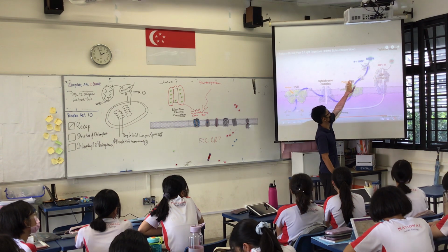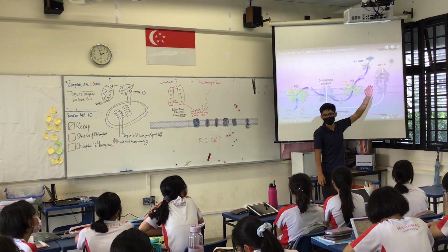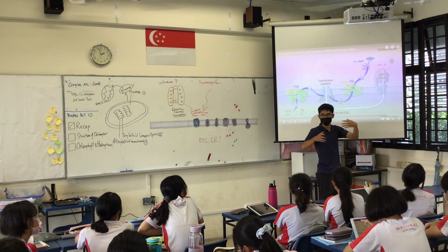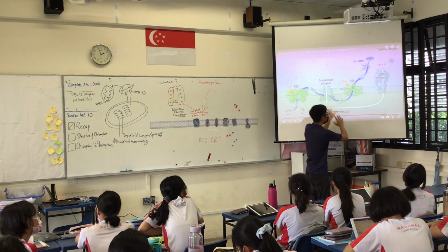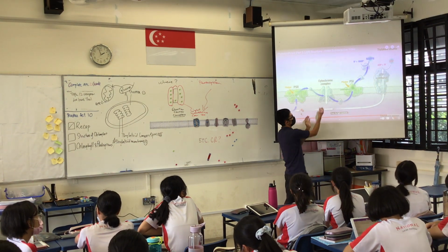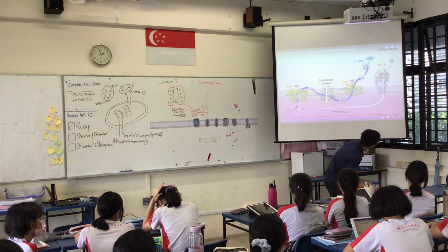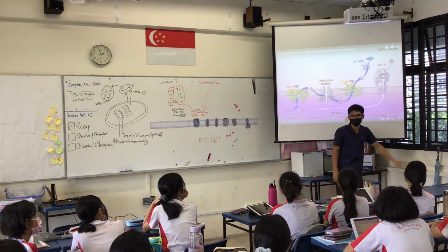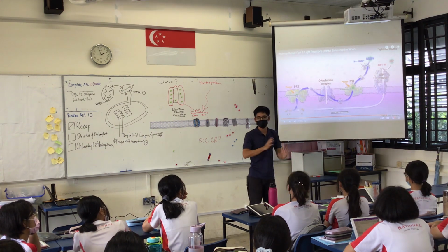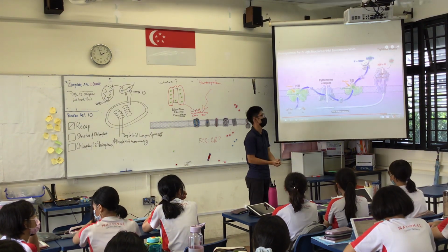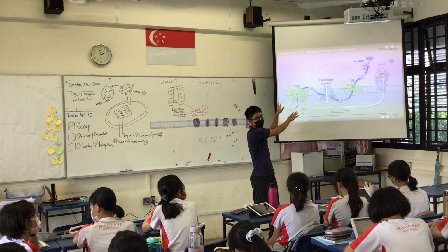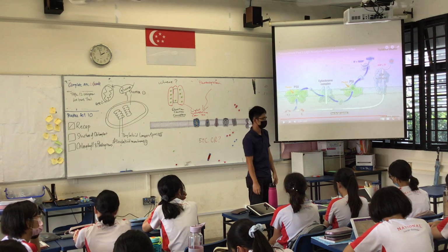And NADP+ is the one that receives the electrons to form NADPH. So it's almost like a reverse process. Everything else in between is very similar. The idea of pumping protons from one place to another, and protons going down the ATP synthase, it's all the same. The main differences are the ones that we can broadly see in green on the screen.